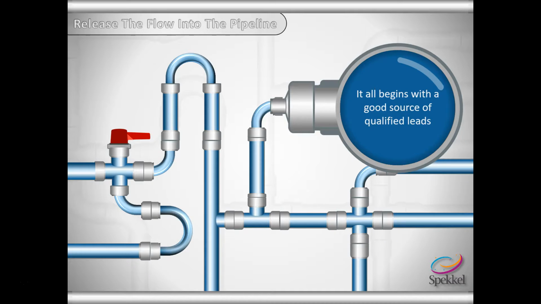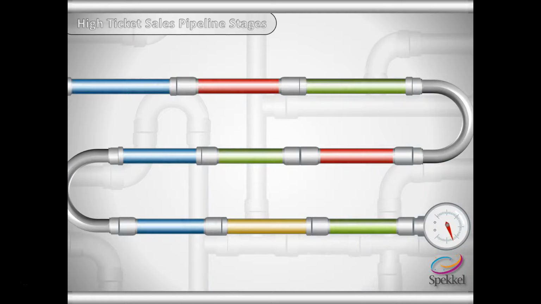And we're going to talk about it in the stages of this pipeline. Well, the first and foremost is that you get a lead into your pipeline. Now, a lead can come from social media, from paid advertising, from networking you may be doing at meetings and other contacts that you have, any type of email marketing, or even a referral.